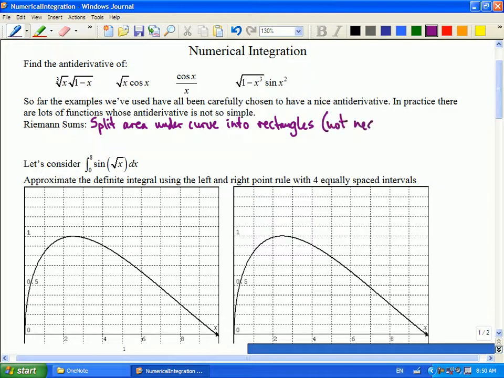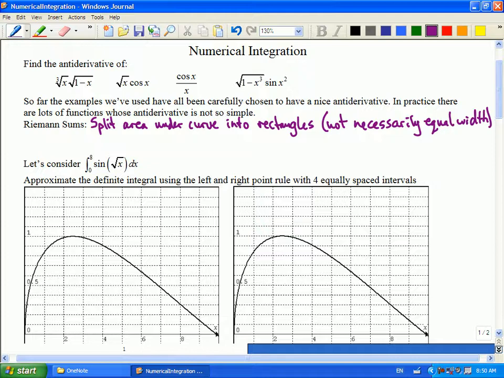It's not necessarily equal. The idea is that as you create more and more rectangles, your approximation gets more and more accurate.